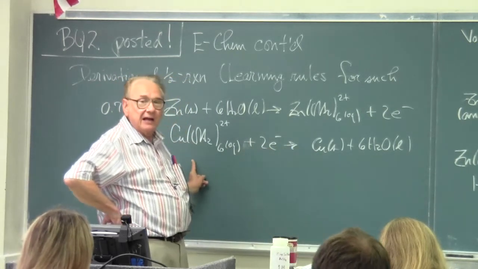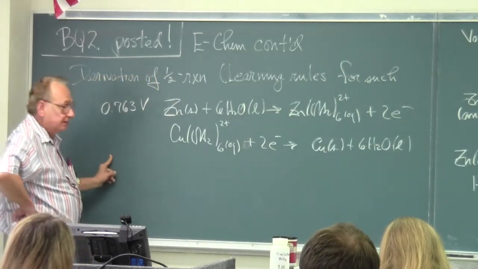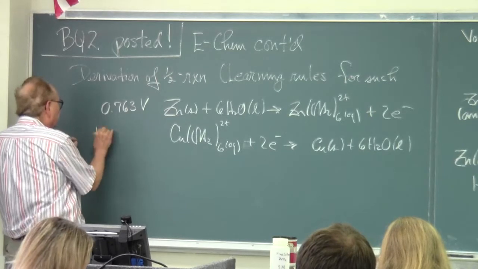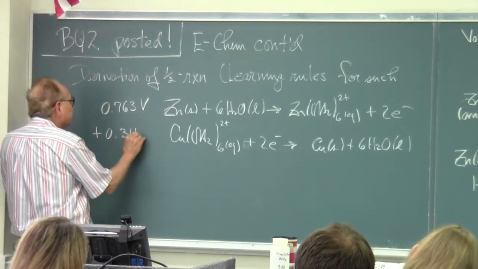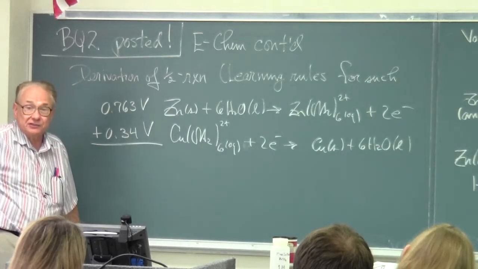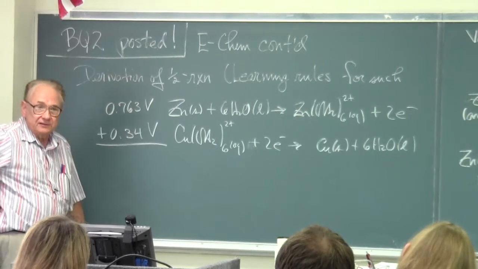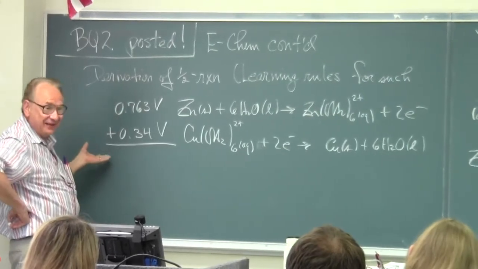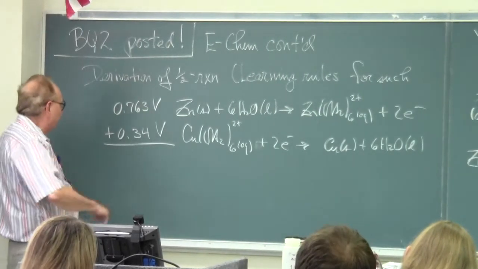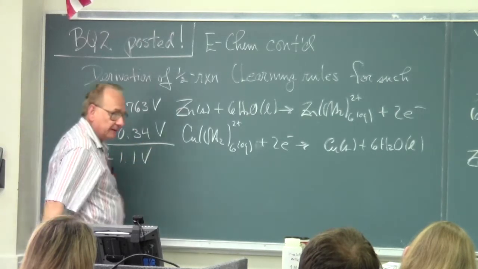I've already done that. And when I write it in the opposite direction, I have to change the sign on the electrochemical potential. So this becomes plus 0.34 volts. And how then do I get the standard electrochemical potential for the electrochemical system? Add them up. Big deal. So with two sig figs, when I add these up, I get plus 1.1 volts.